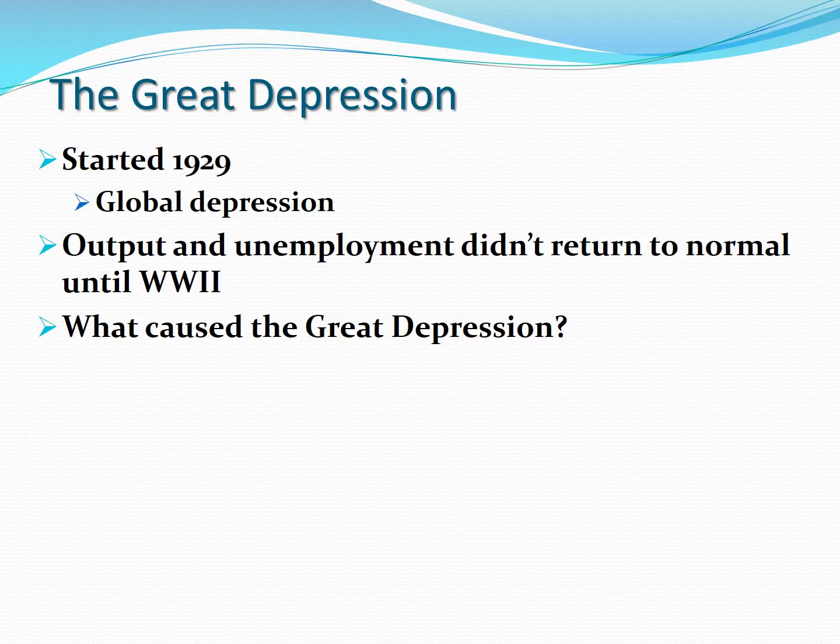There was also the stock market boom in 29 and a possible bubble, actually a most definite bubble in the stock market, and that collapsed. All these things would have caused a recession, for sure, but what caused a decade-long depression?